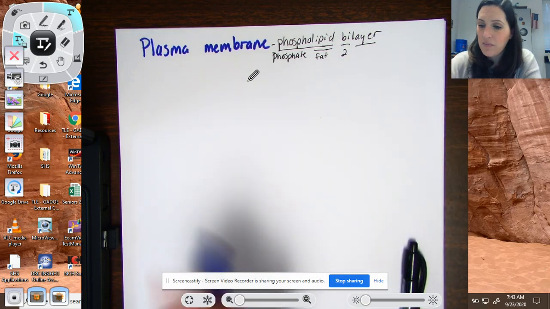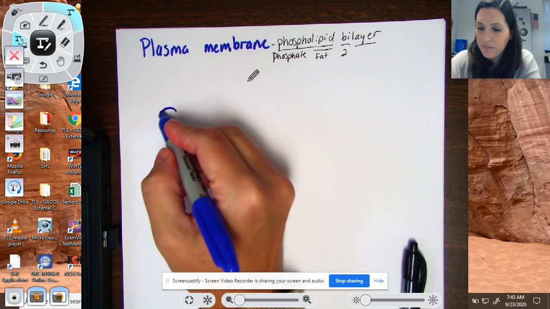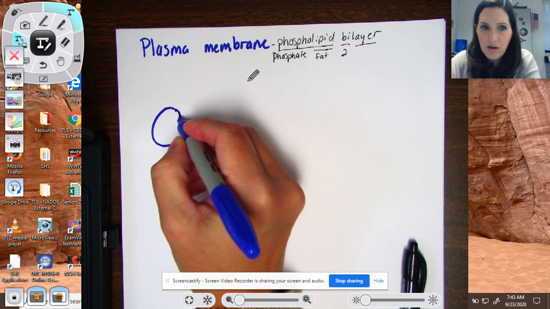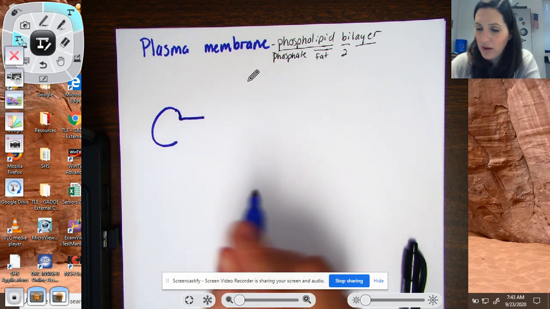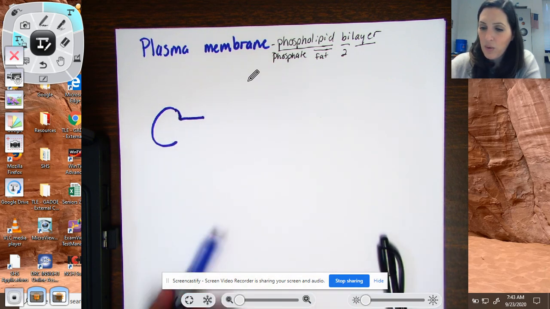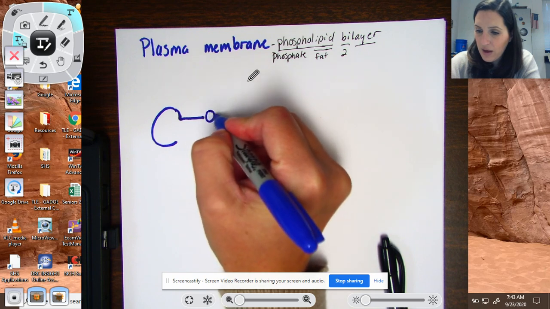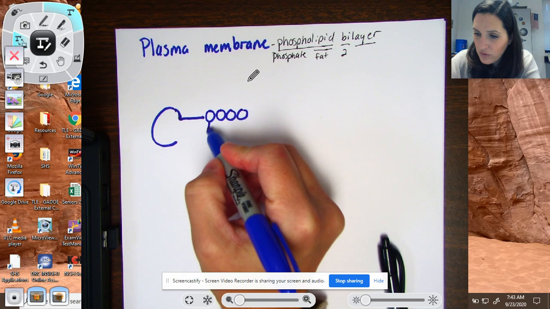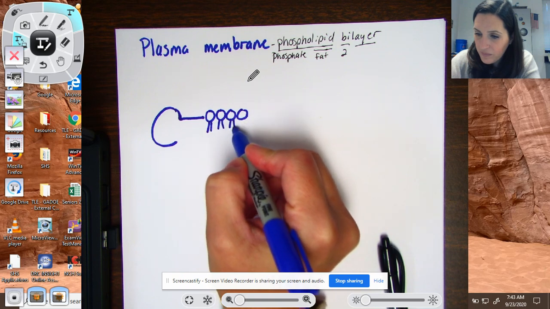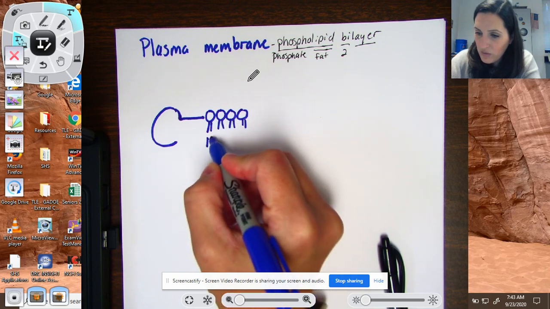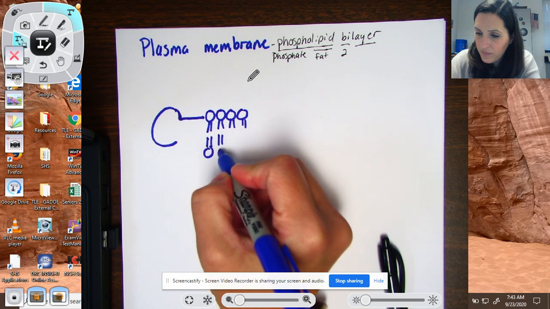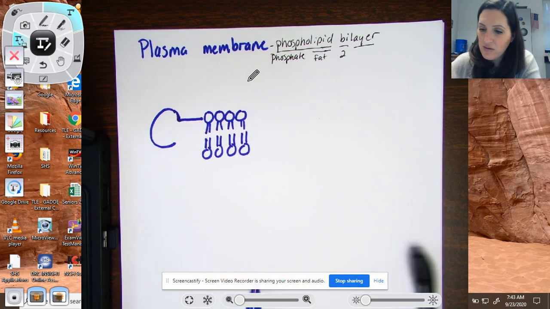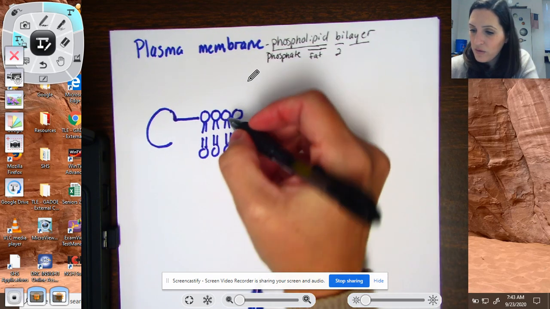So let's draw an animal cell here. And let's pretend I'm taking a piece of that cell membrane out, okay? If I pull this out, it looks like circles here, and then these little tails, and then tails, and then a circle. So we can see that this is two layers.